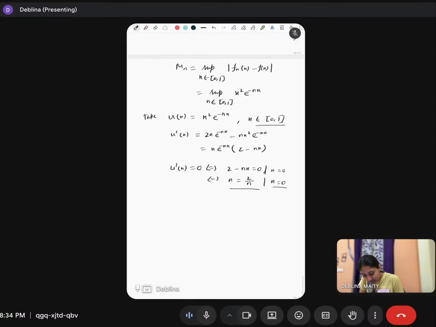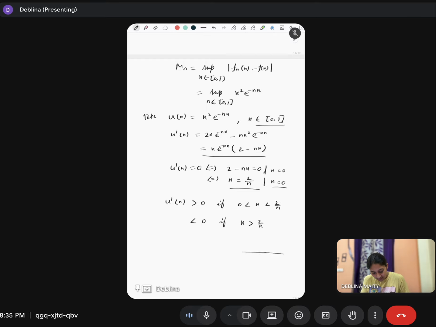Now we see that u dash x is greater than 0 if 0 is less than x less than 2 by n, because here 2 minus nx is greater than 0. It is less than 0 if x is greater than 2 by n, right? And equal to 0 when x is 2 by n.